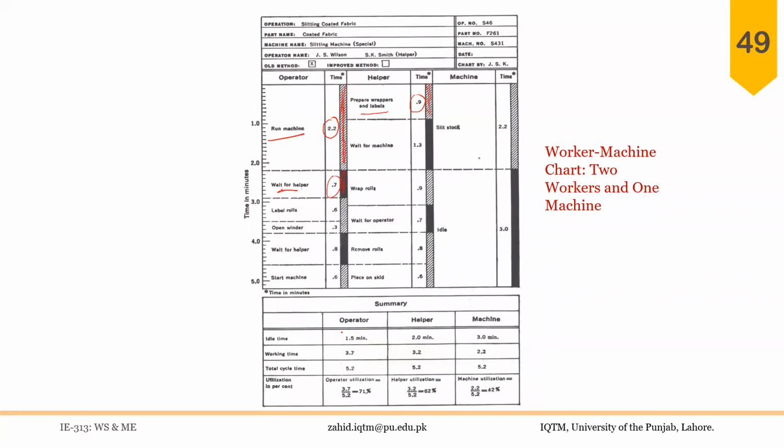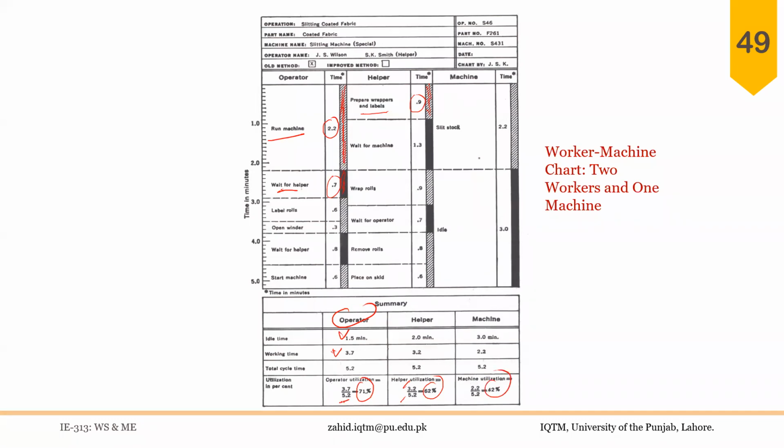And then in the end, we can add up the idle time for operator and from the above chart calculate the working time and divide the two, that is the working time divided by total cycle time gives us the utilization. Same is true for helper. So working time divided by total cycle time is utilization of the worker and same is for machine.